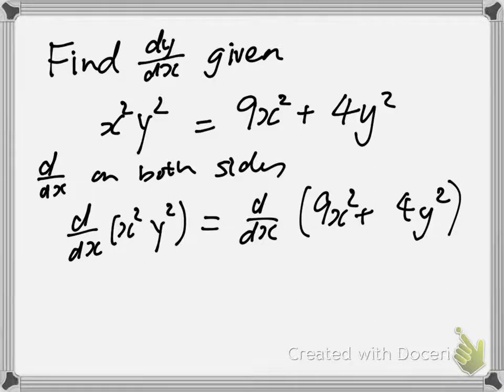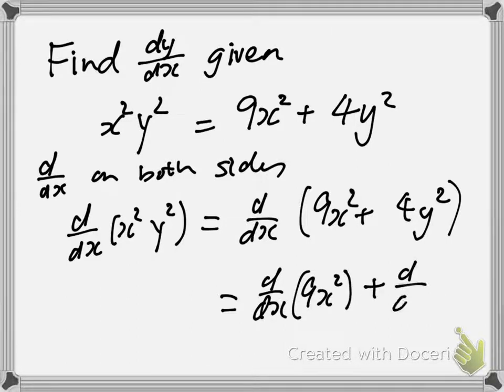The right is really easy because the sum rule allows us to find the x derivative by adding the individual x derivatives. But for this one, we require the product rule.